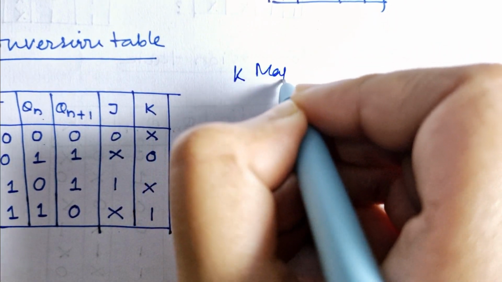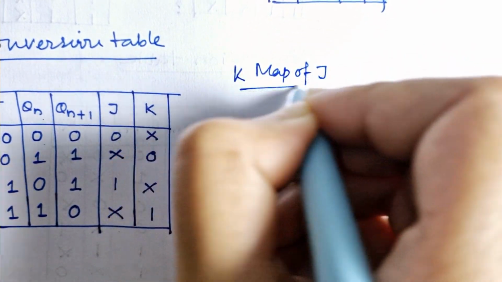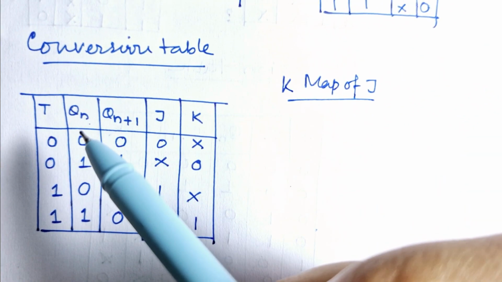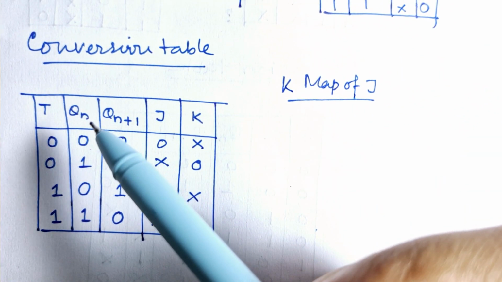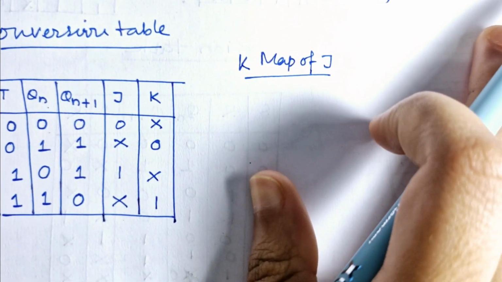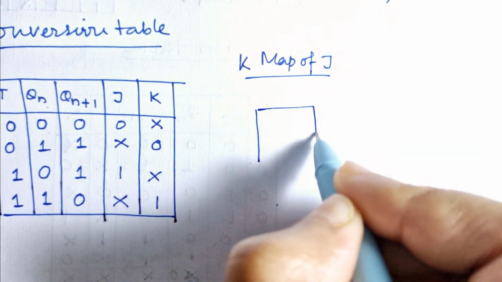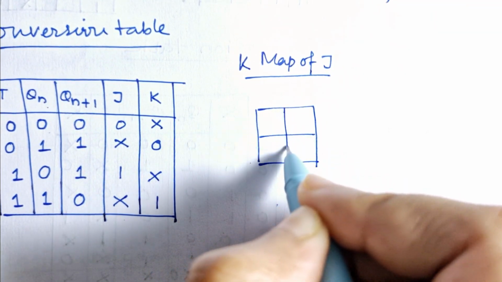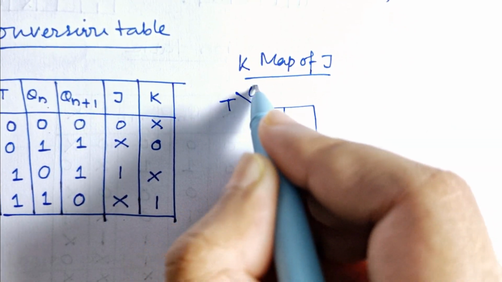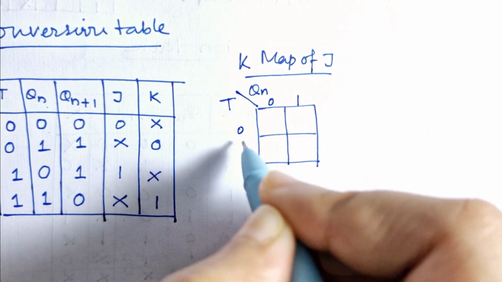So the K-map of J, with T and Qn, means 4 cells. T, Qn 0 1, 0 1.